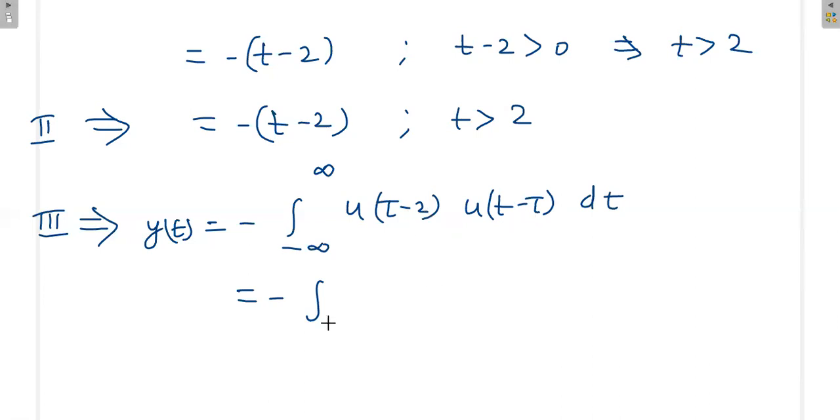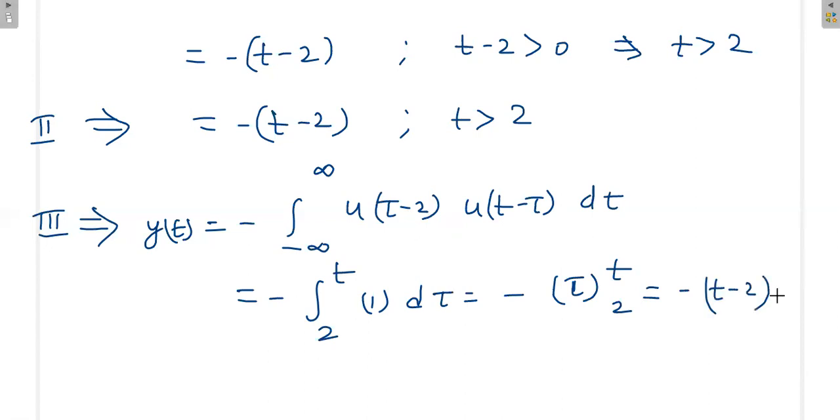So this is valid from 2 to t, of 1 d tau. So minus tau, from 2 to t, gives t minus 2. But for this answer to be valid, what should be the value of t?